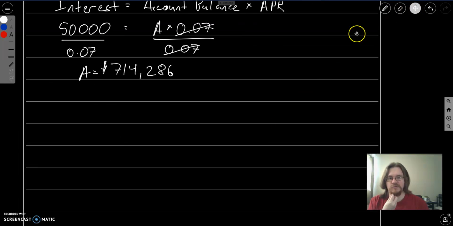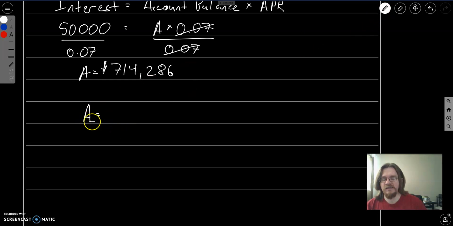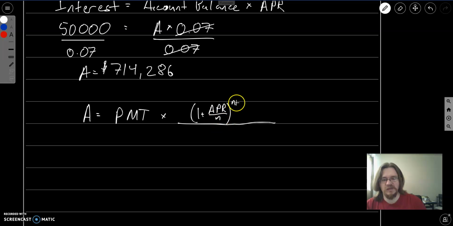Well, coming back to our formula, we know that the amount of money in our account is going to be our monthly payments times that horrible fraction, which was 1 plus our APR divided by n. So n will be 12 here, since we're making monthly payments, and there are 12 months in a year, all over APR divided by n.